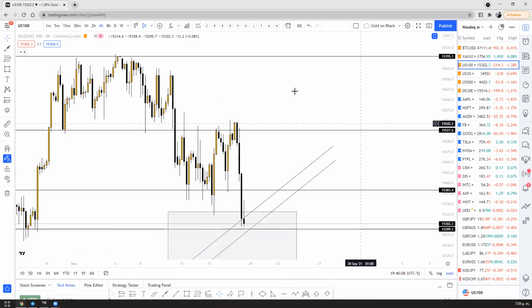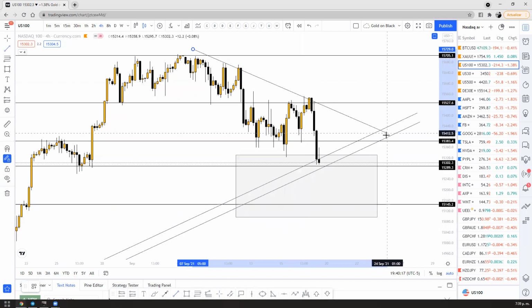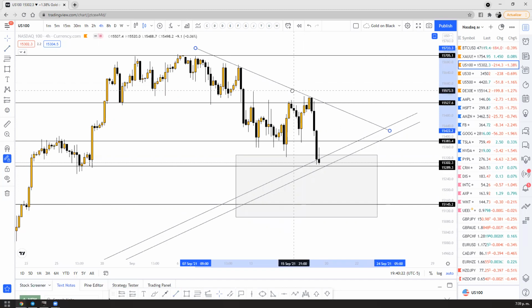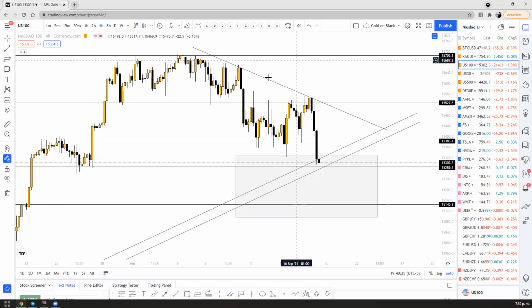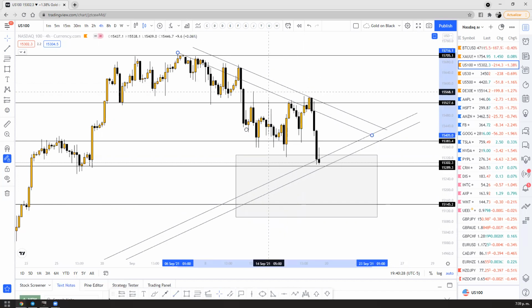Let's see what else we can find here. You know, the price is dropping like that. So let's try to find a flag. Let's see if we can spot a nice bullish flag formation. Okay, maybe like that. You clone that and you put it to the downside.